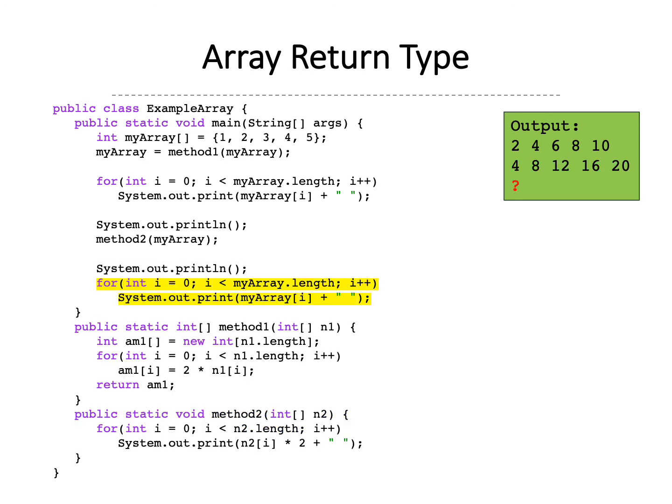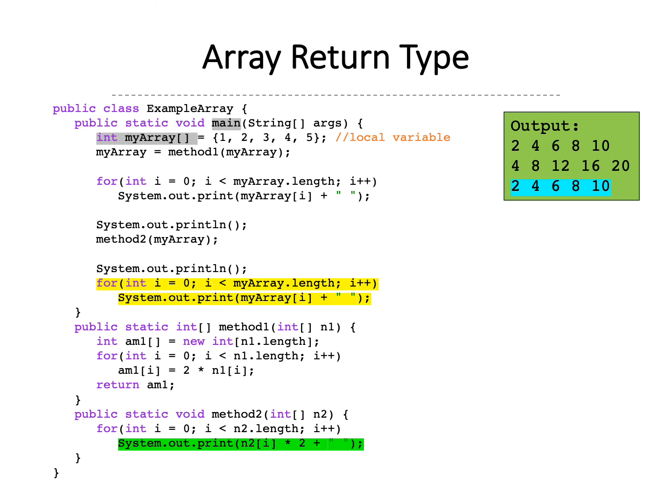Say that in the main method, we want to display the value of myArray again. What do you think will be displayed? Does it display 2, 4, 6, 8, 10, or does it display 4, 8, 12, 16, and 20? It will display 2, 4, 6, 8, 10 because in method 2, we simply multiply the value of myArray with 2 and we do not replace the value.